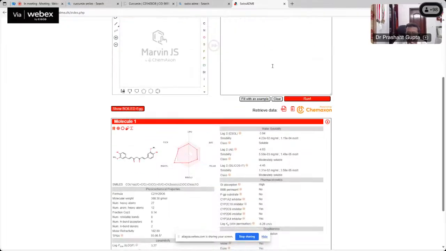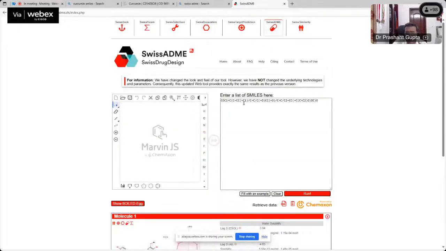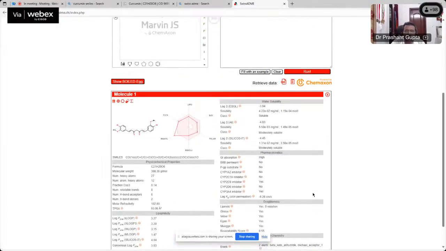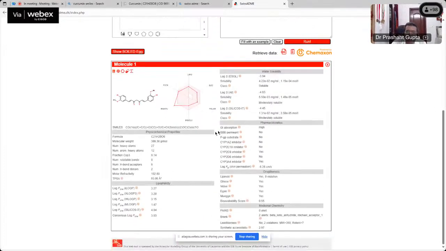Or if you have n number of compounds, let's say you have 50 phytoconstituents, copy them, put them in a single list and just run. You can see this picture. GI absorption high: if you give curcumin orally, it is absorbable. Blood-brain barrier, no crossing. Moderately soluble, yes. If you apply it on skin, it could absorb.